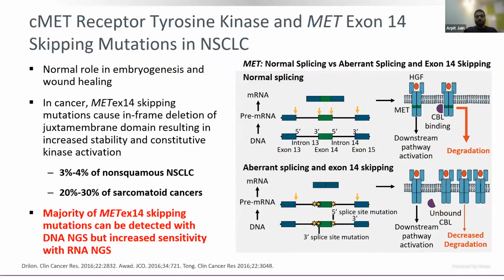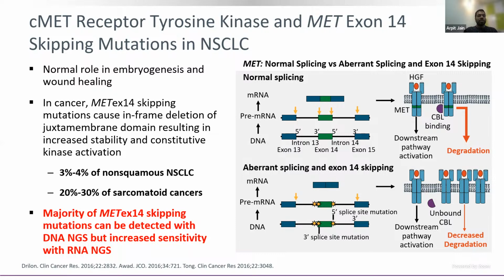Next. Then comes the c-MET receptor tyrosine kinase and MET exon 14 skipping mutation testing in NSCLC patients. In 20 to 30% of the patients with sarcomatoid differentiation, the MET exon 14 skipping mutation is most commonly found.